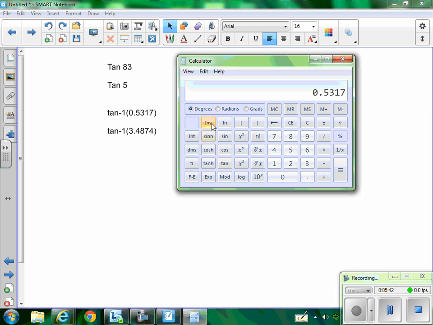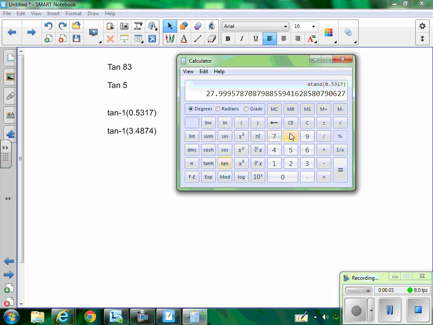So when I click on the inverse, you can see that all of a sudden all these numbers pop up and they're the inverses. So the inverse of tangent is tan to the -1, and so I'm going to press it. And what I get is about 27, 28 degrees. That's my angle of elevation.